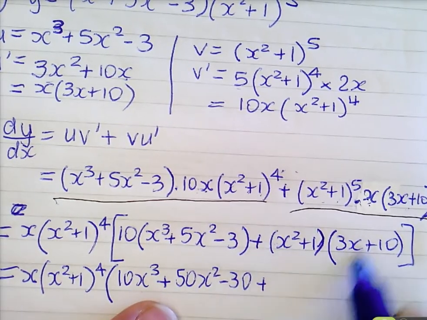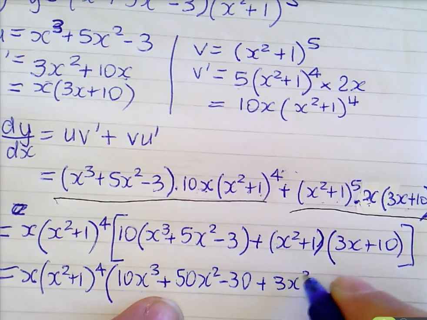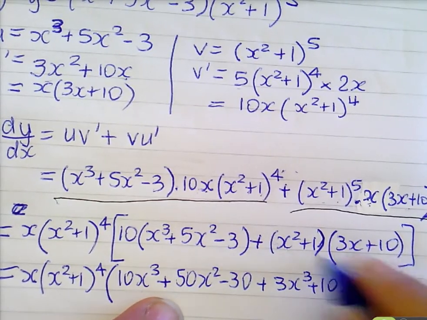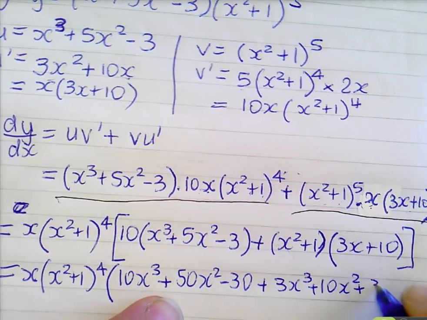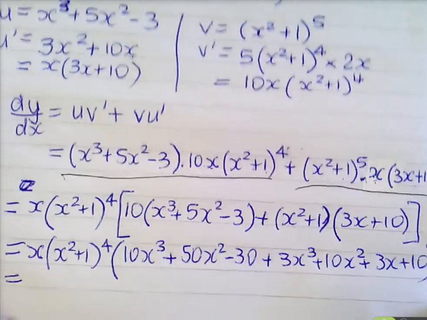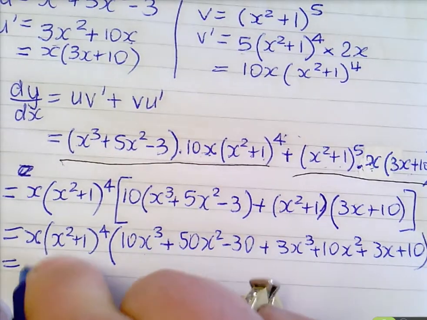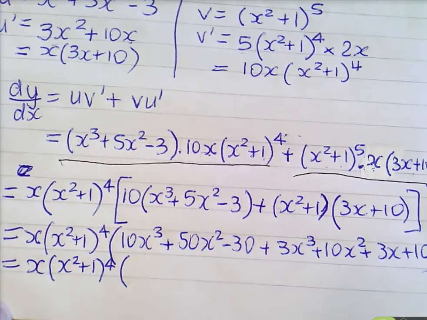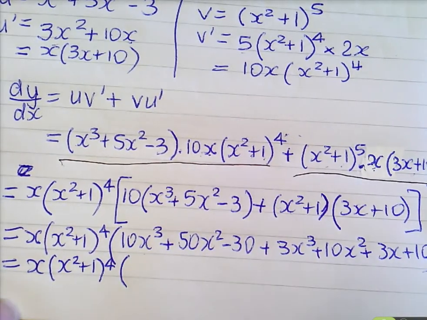We've got 3x cubed plus 10x squared plus 3x plus 10. So, girls, they expect it fully done. So this is why I'm going to be getting you to do each one of these questions. It's very good practice. So it's x bracket x squared plus 1 to the power of 4.